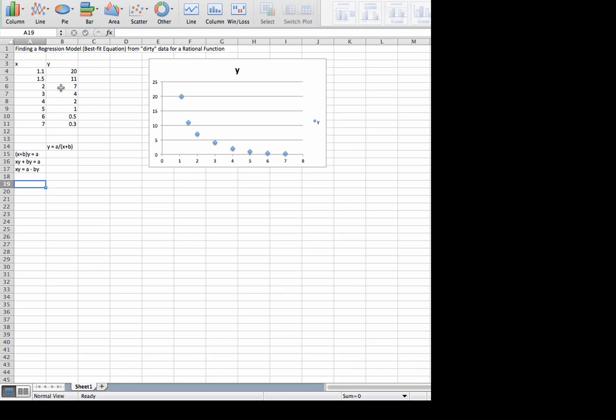We're going to substitute in all of the data points into the equation to build ourselves a system of linear equations. So we're going to go x times y.